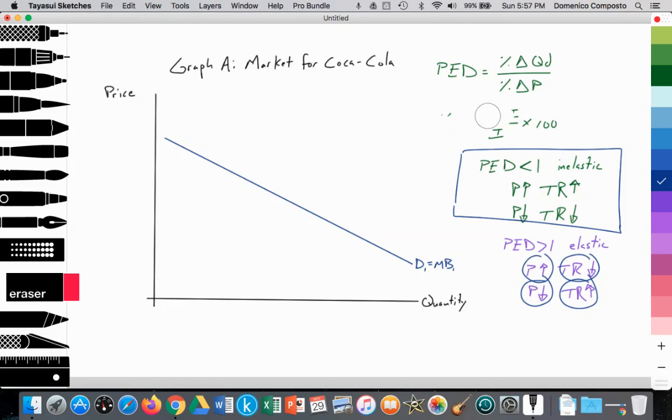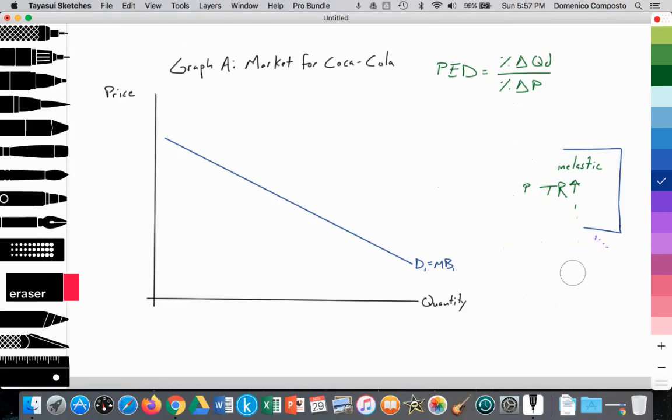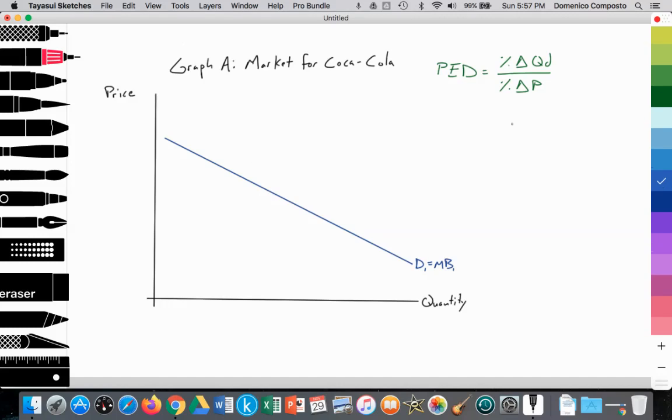So let's just get rid of some of these notes and illustrate the firm increasing price and then lowering price. So let's start with a price set at P1, right? So we'll start with a high price and the firm lowering it.